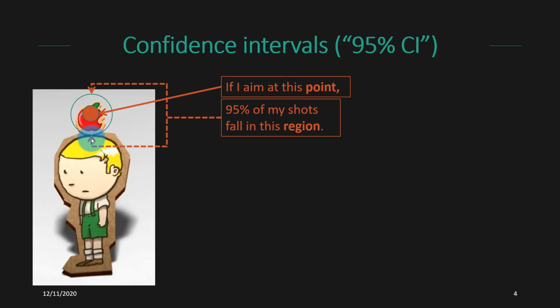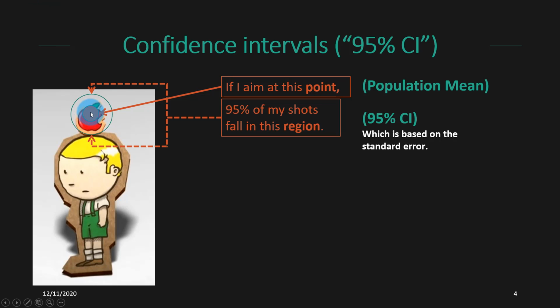But this is setting up an analogy to the idea of sampling variability and what sort of things we might expect in our samples relative to the parameters in the population. So if we think about the point I'm aiming for as the true population mean, and this confidence interval as where 95% of sample means are going to fall, we can say if we know this, we can know how far away from that population mean these samples will tend to fall.